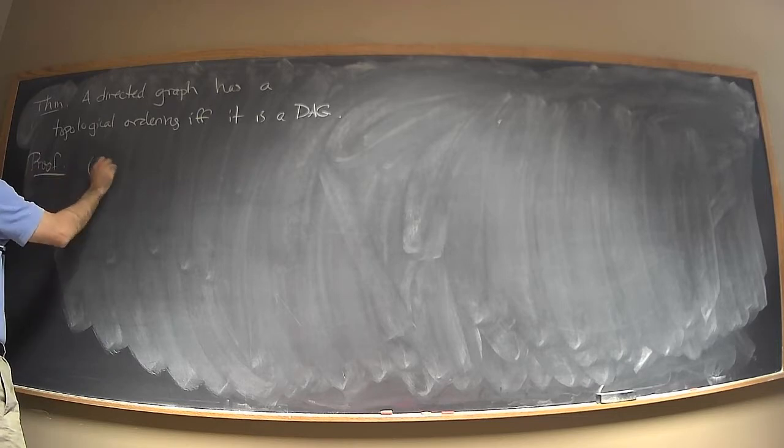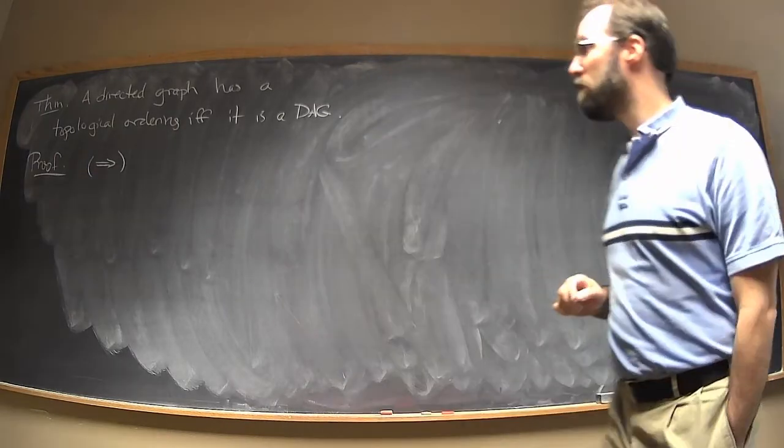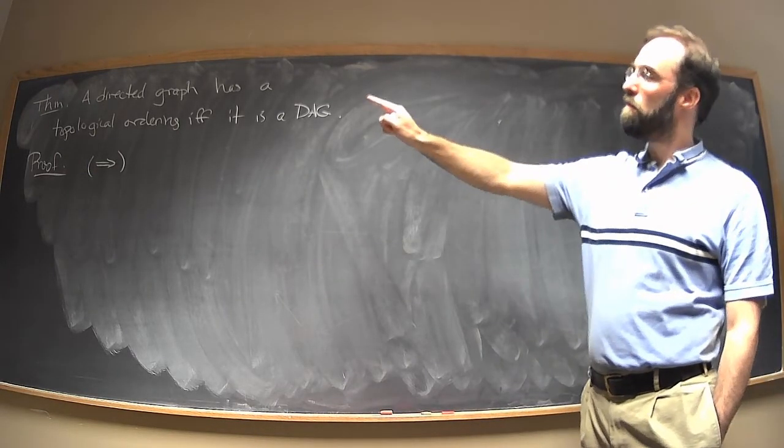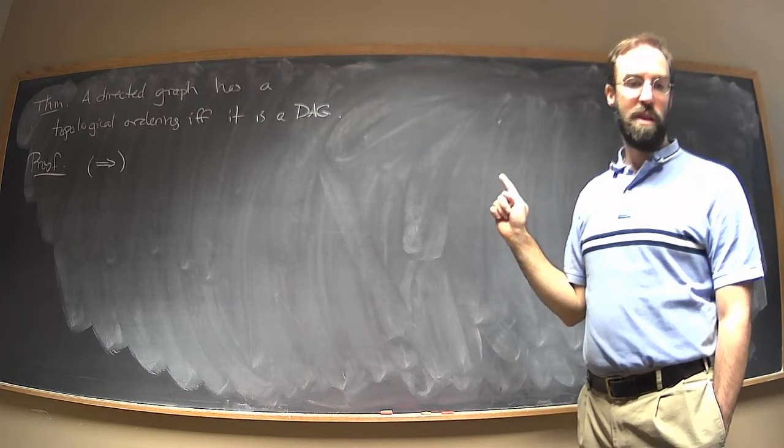So this direction, as I just said, is the easy one. This direction says if a graph has a topological ordering, then it's a DAG. That means it has no directed cycles.